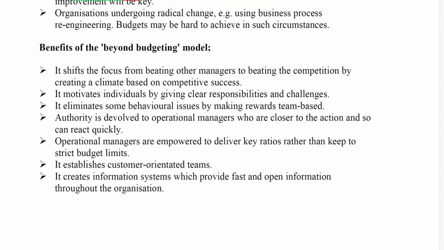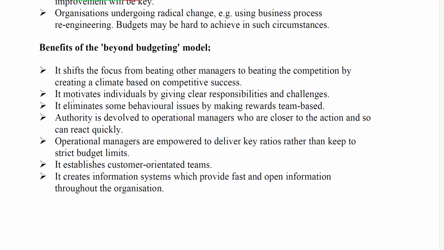So, what are the benefits of the beyond budgeting model? One, it shifts the focus from beating other managers to beating the competition by creating a climate based on competitive success. It motivates individuals by giving clear responsibilities and challenges. It eliminates some behavioral issues by making rewards team-based, right?